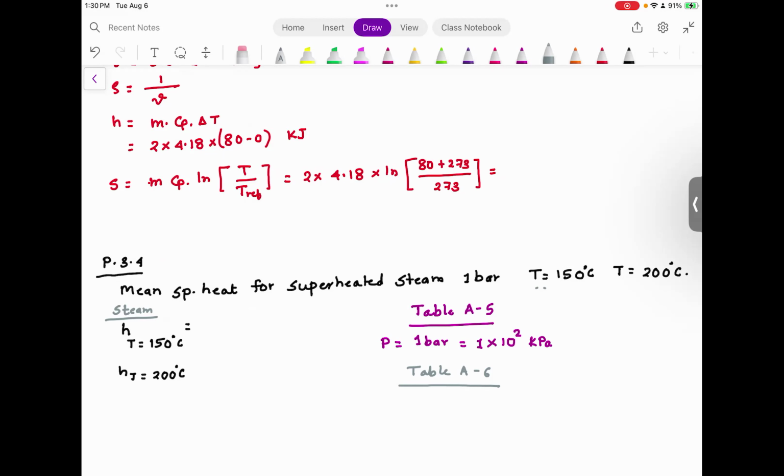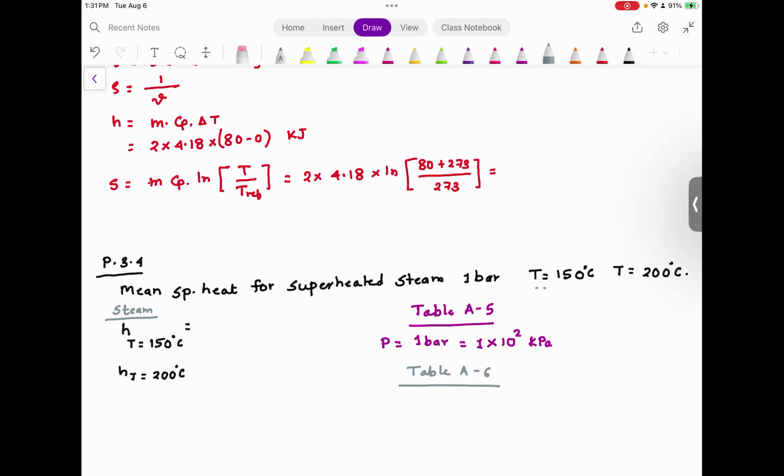Yeah, table A6. Now on table A6, this is the specific table for the superheated water. And Alex, I want you to read this figure. Can you see that it shows the value of pressure? And in the parentheses, it shows the saturation temperature. Are you with me so far?